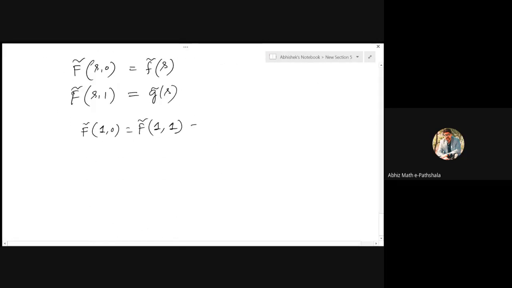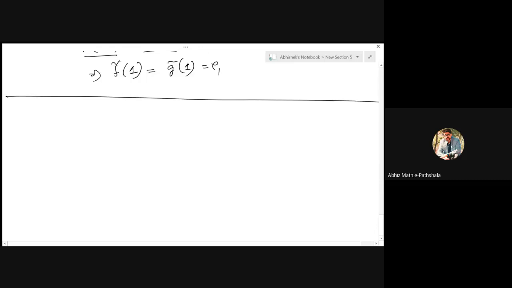So therefore, this is your g tilde of 1. So it is e1. So f tilde and g tilde end at the same point e1. Okay, so using these facts, you will have the following map.